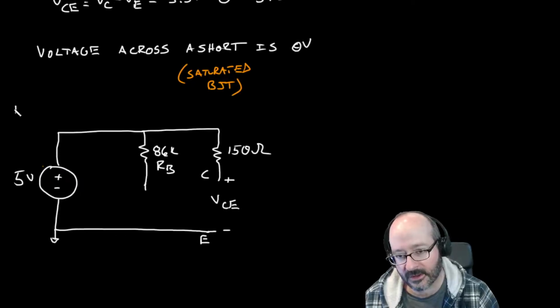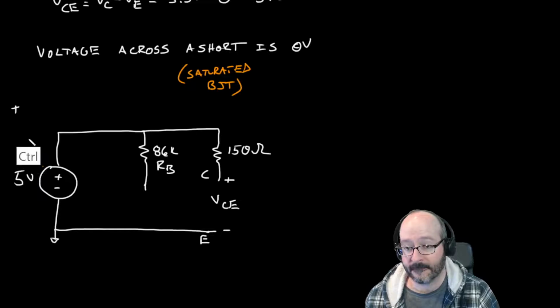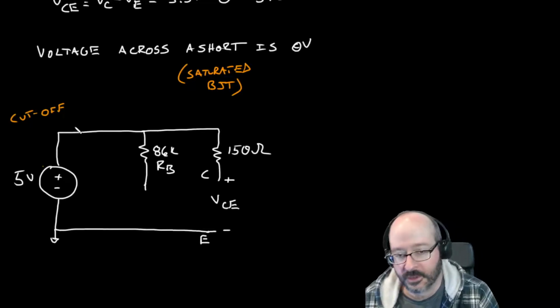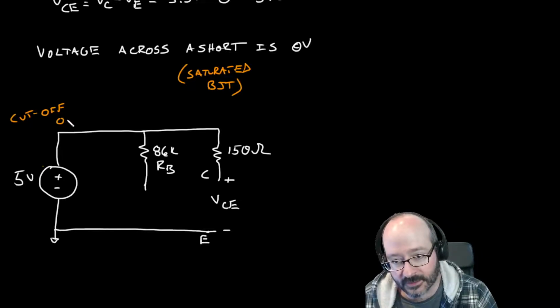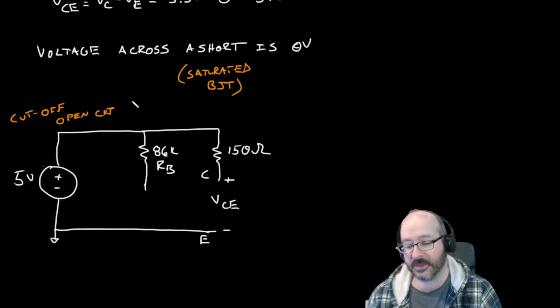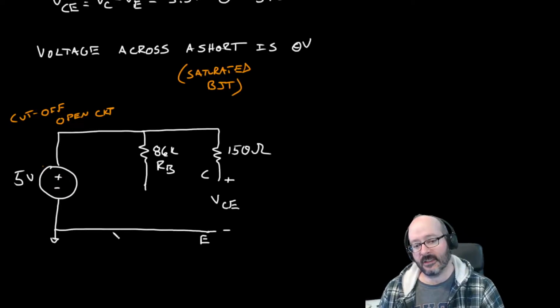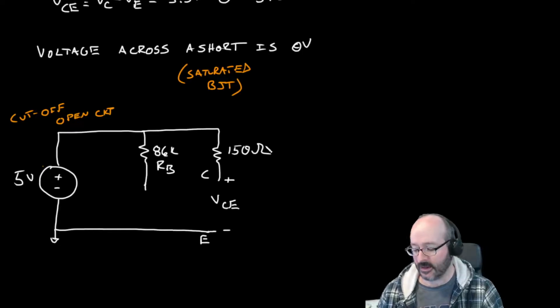So in cutoff, we're treating it as an open circuit, and that open circuit is between the collector and the emitter. In this case, what is the voltage between the collector and emitter going to look like?